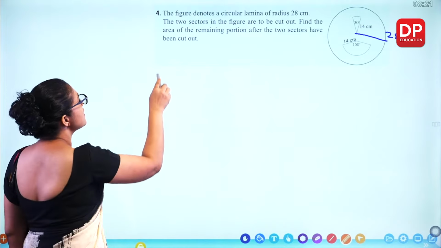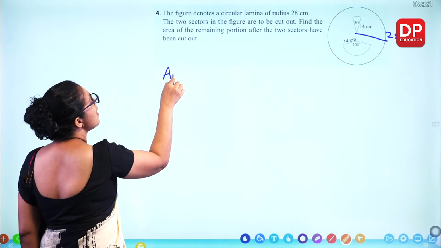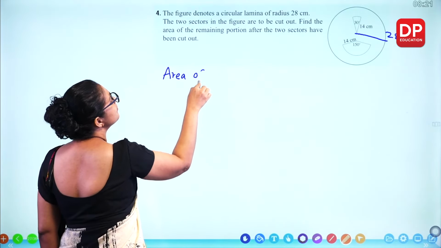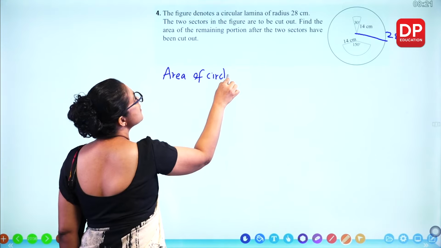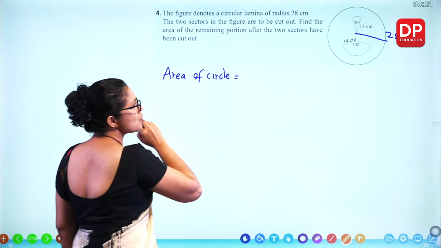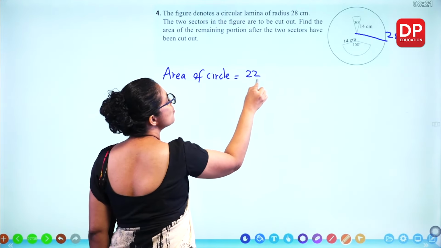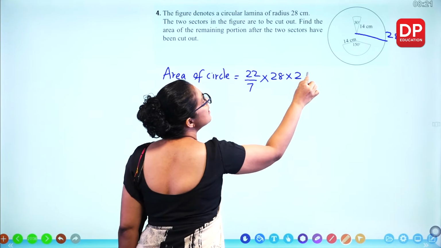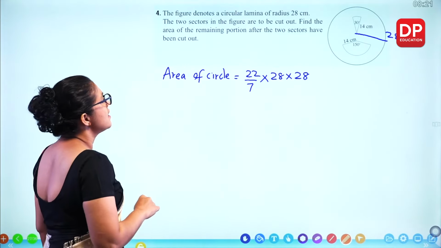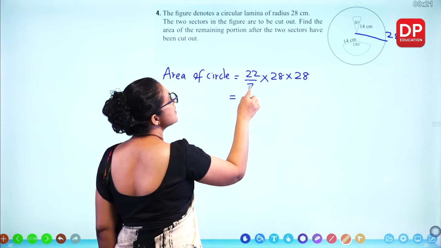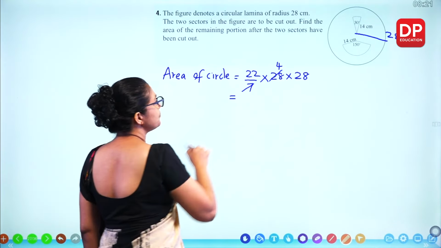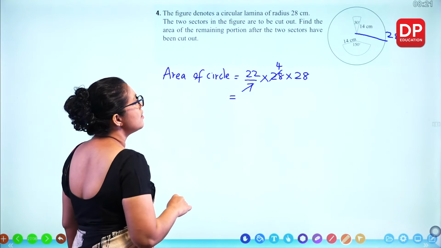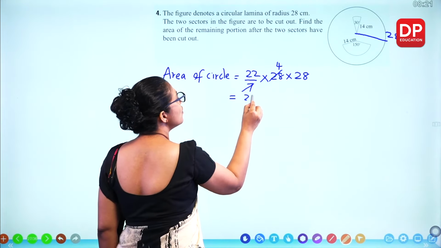So here first we'll find the area of the circle. So what is the area of the circle? Pi r squared. Pi is 22/7, r is 28. You can write 28. So when you simplify, what do you get? 7 times 4 and 28 times 4.